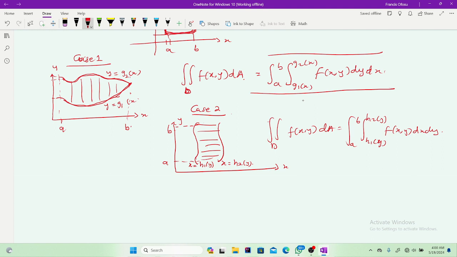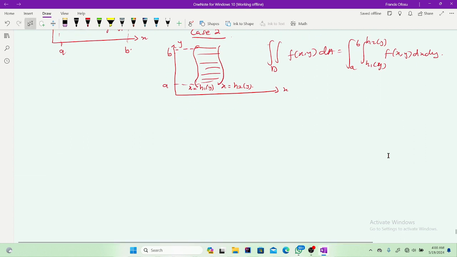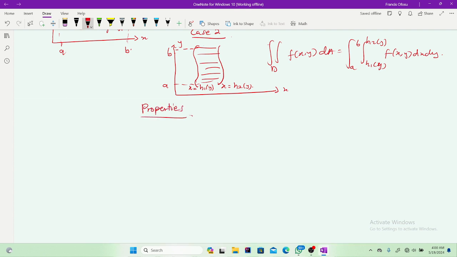So let's take a couple of properties of double integrals, then after we take some examples in this section. For the properties of double integrals, it's almost the same as that of the single variable.